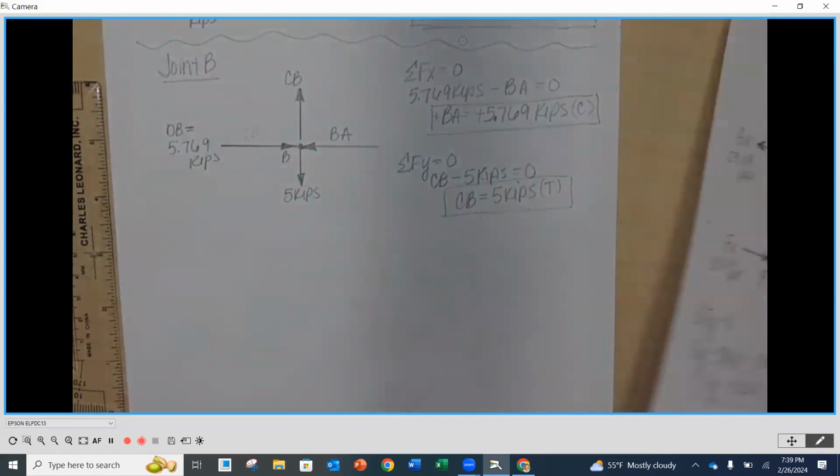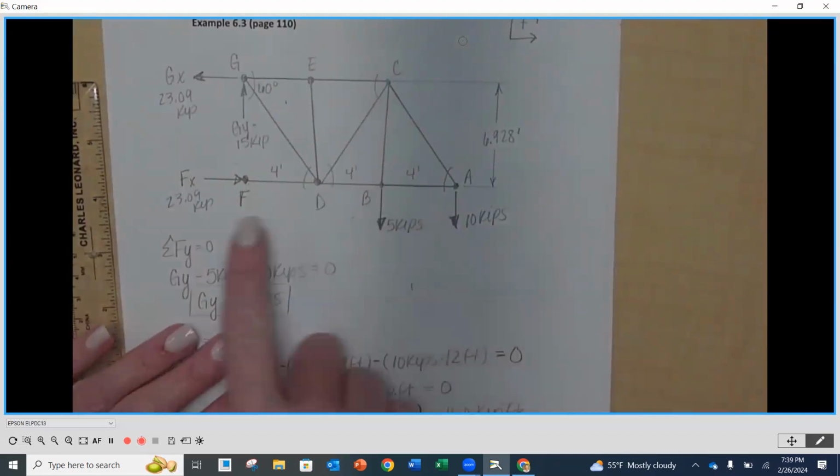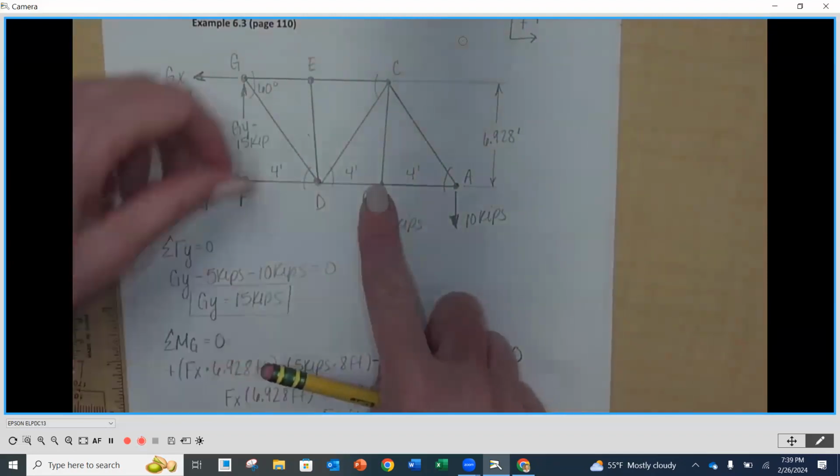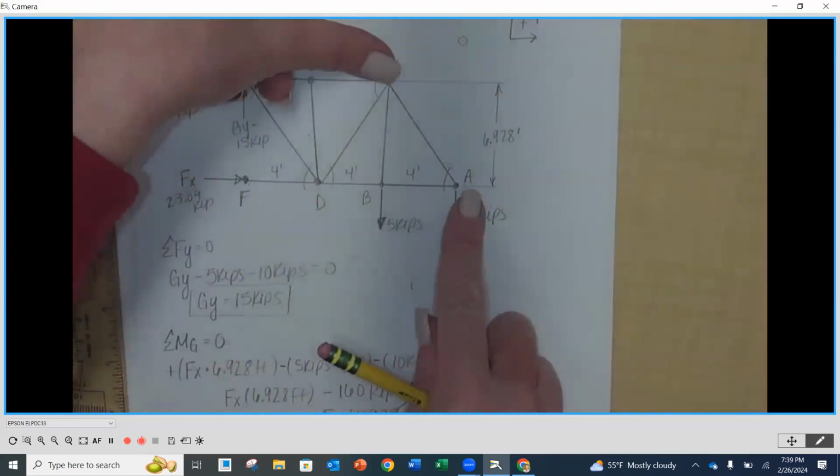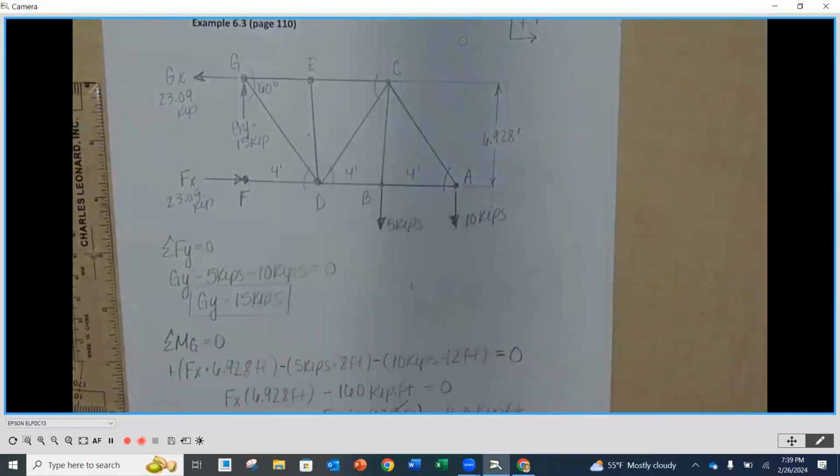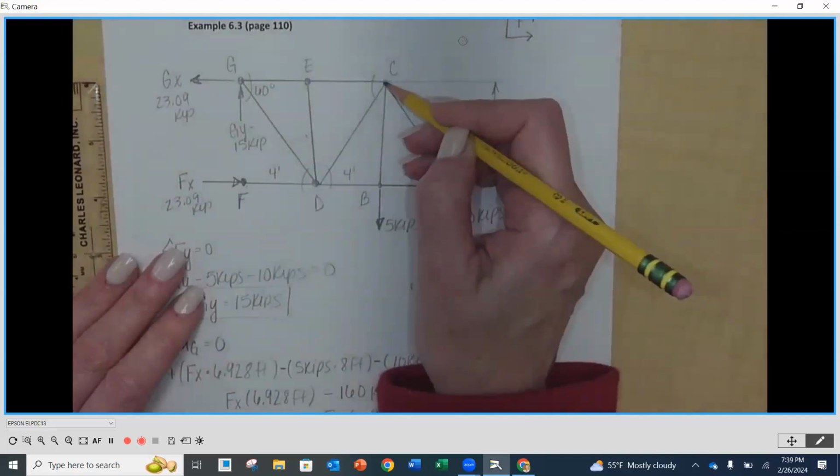All right, then if we look over here, we've gone all the way around. We have B. The only two that we have left are C and A. Let's go up to C. C is another busy one.